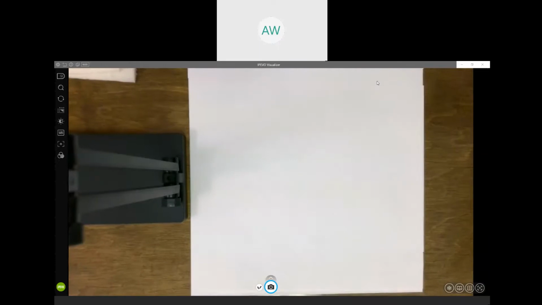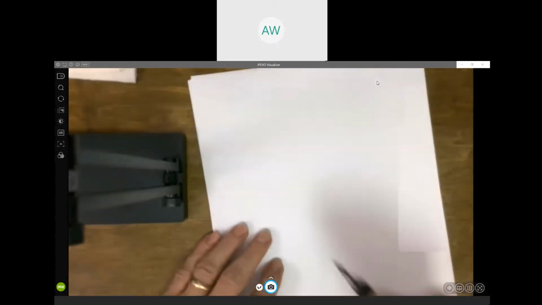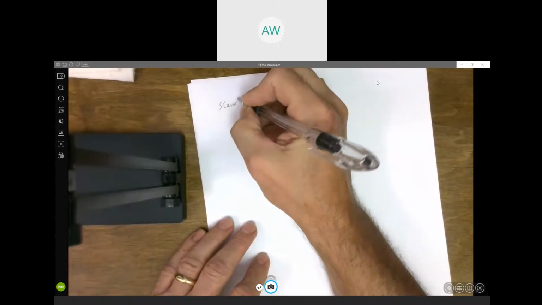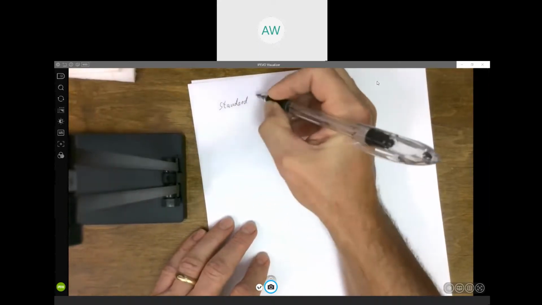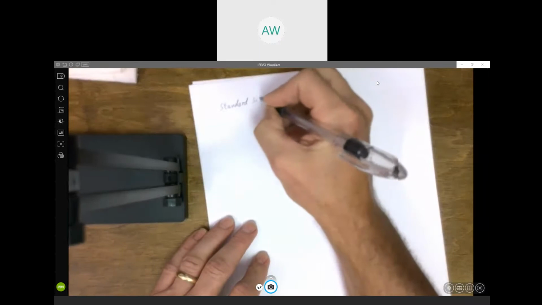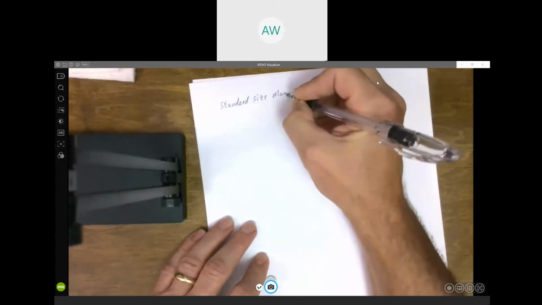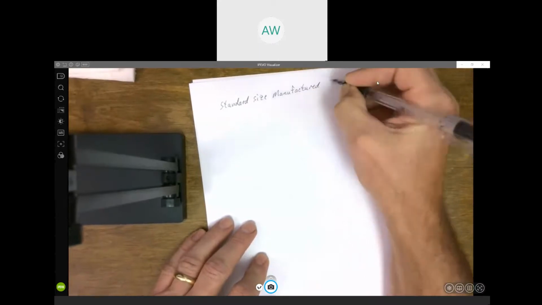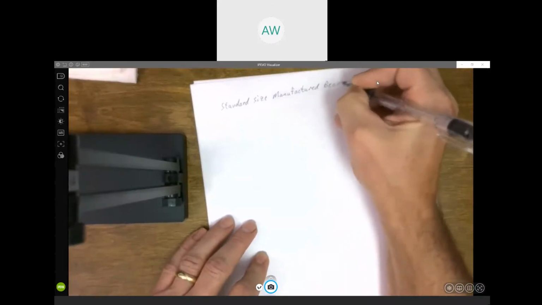So again, just a couple minutes, talk about standard size manufactured beam.